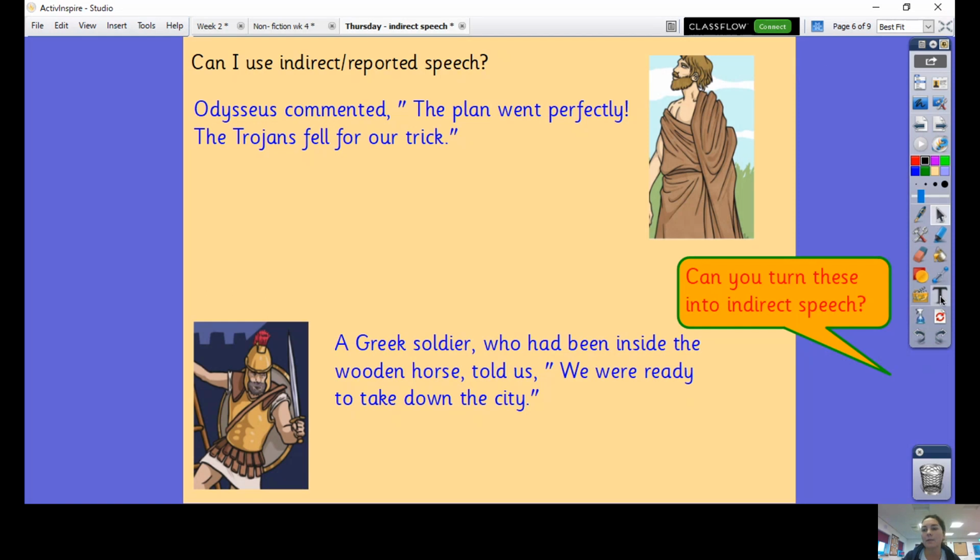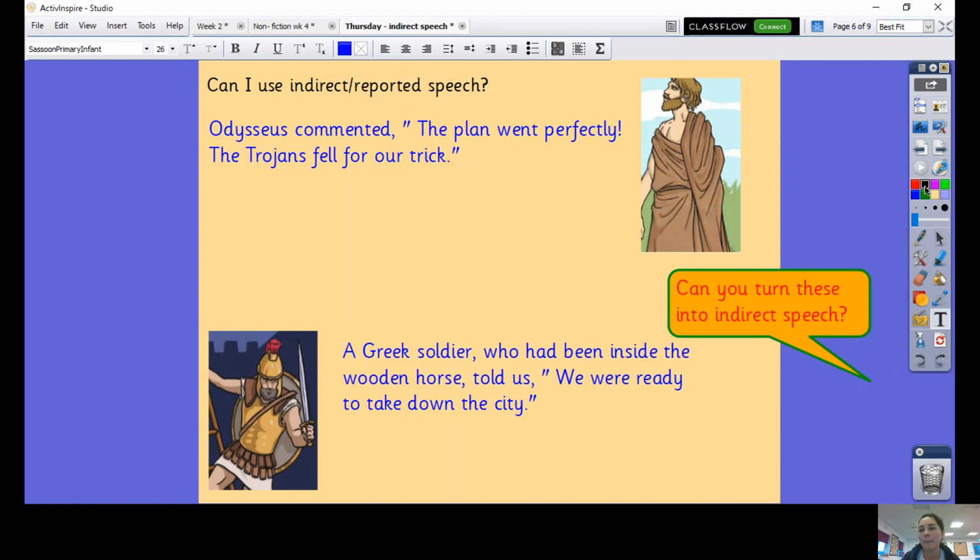Okay, so for our Odysseus one, I'll do it in a different colour. Let's do it in green. Odysseus, no, it's not coming out in green. Let's change it up here.